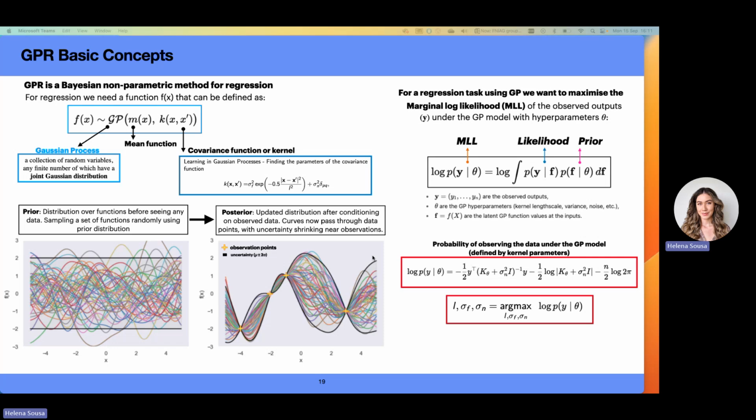To summarize, GPR works by starting with a prior over functions, and then conditions it on our observed data to form what we call the posterior, and learns the kernel hyperparameters by maximizing this marginal likelihood. So for regression tasks, the GPR is able to give us a predicted mean function and an associated uncertainty around that prediction.